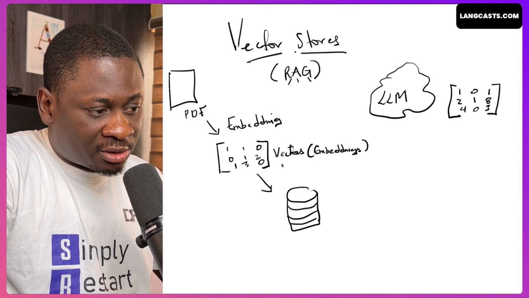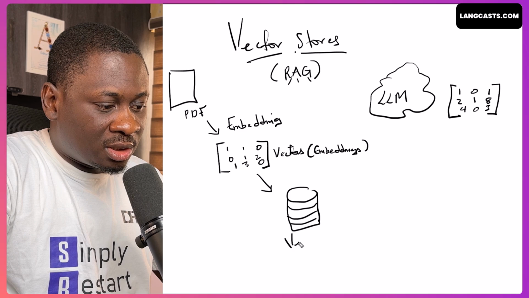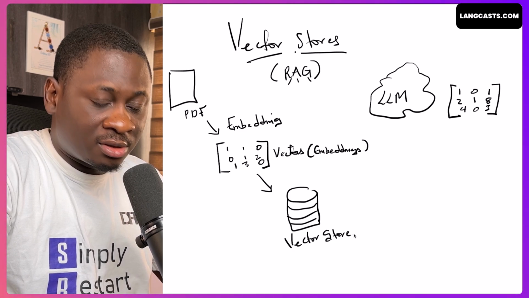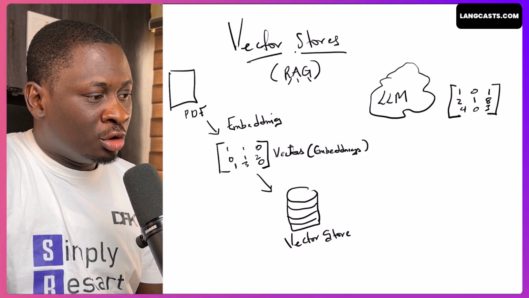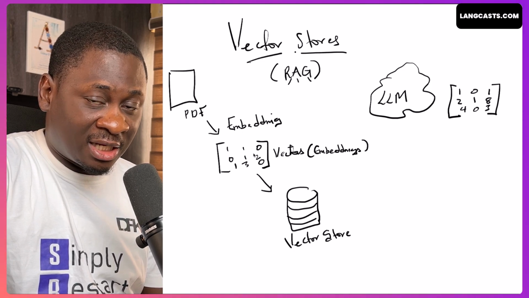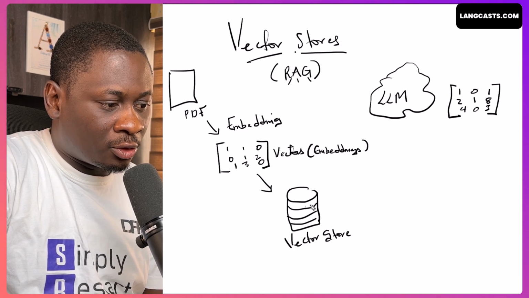And where it is stored is what is known as a vector store or a vector database. So you want to take your information, your PDF, embed it, that is convert it into vectors, which is what LLMs understand, and store it in a vector store.